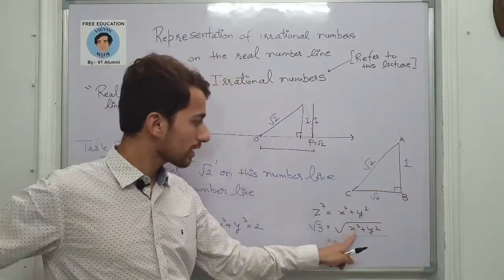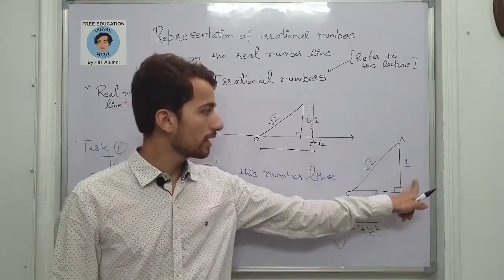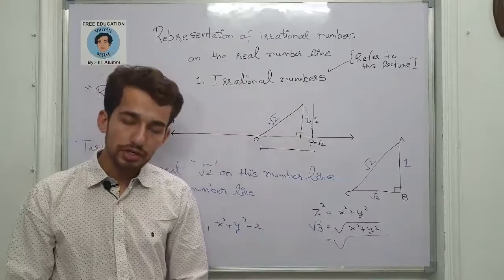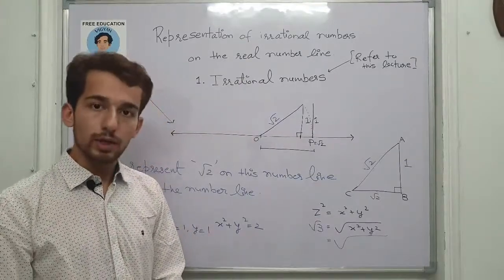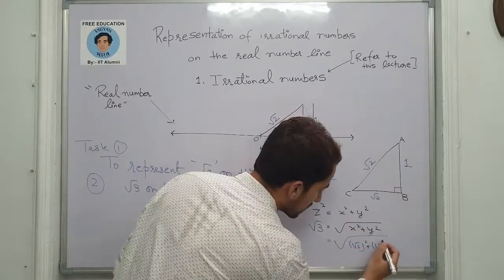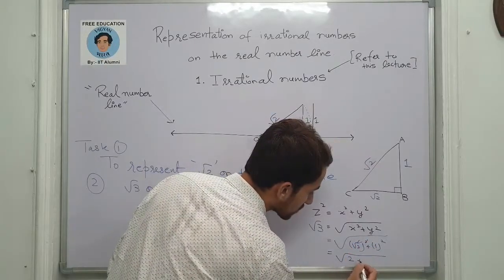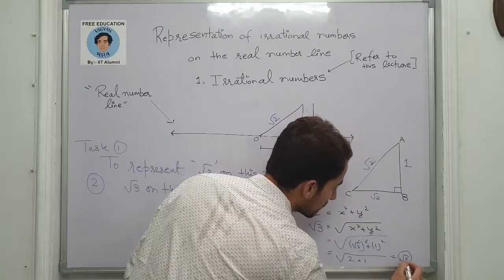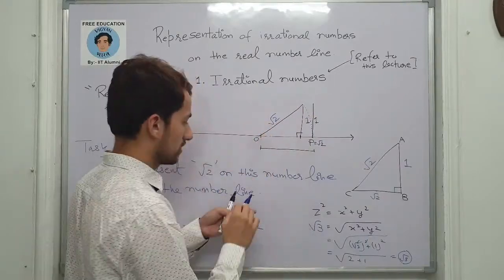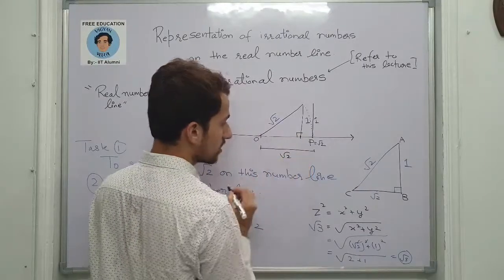Substitute x equals the square root of 2 and y equals 1 here and observe whether you get the square root of 3. Pause the video and try to find it yourself. It's like this: the square root of, this will cancel, 2 plus 1, which is the square root of 3. So this is your root 2, this length, and this is your 1.